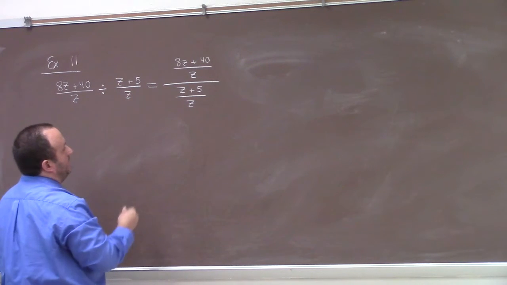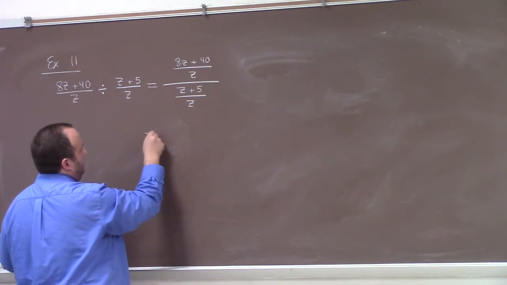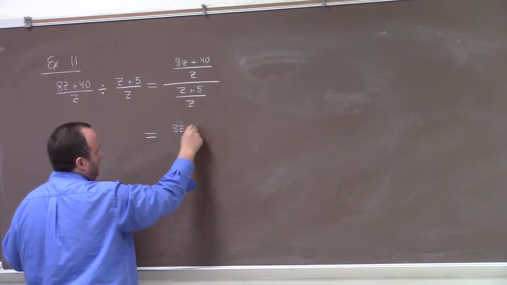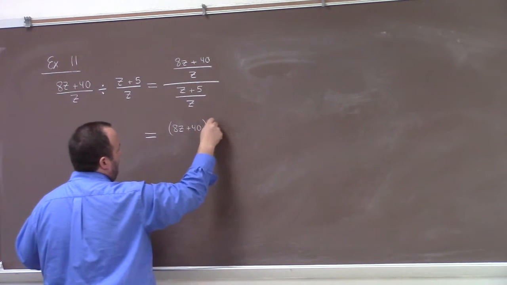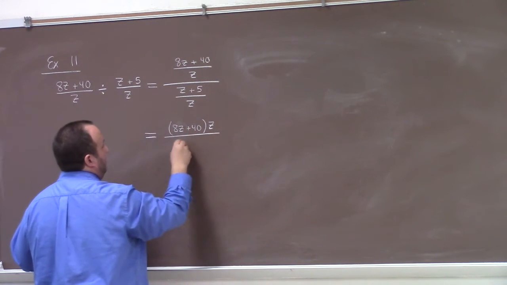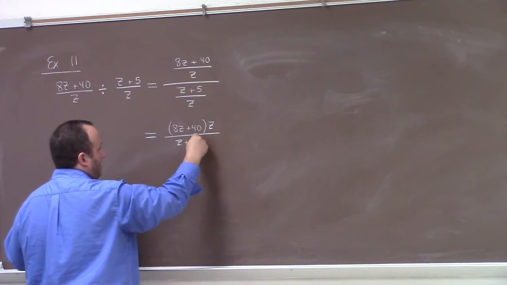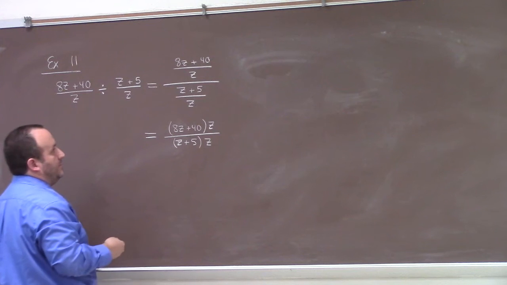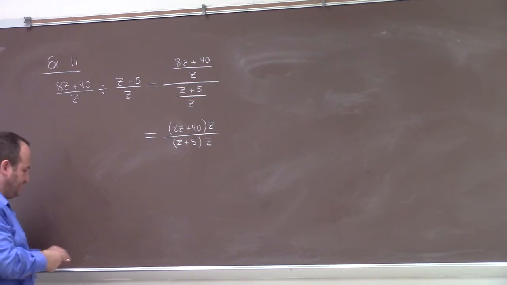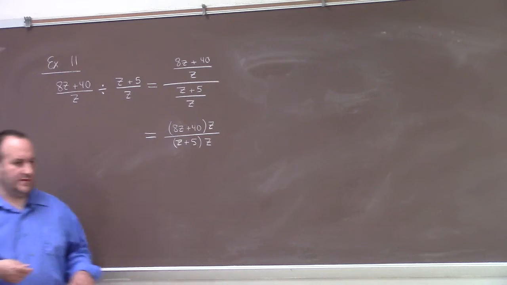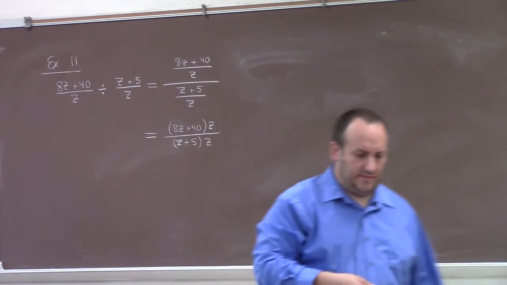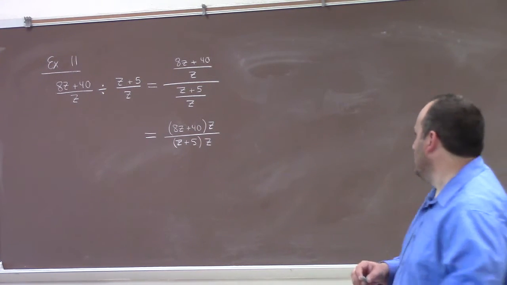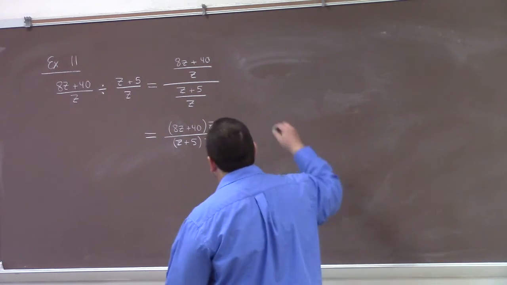And then that is equal to... so the way I think about that is the denominator of the numerator is the denominator of the overall expression, and the denominator to the denominator is essentially the numerator.